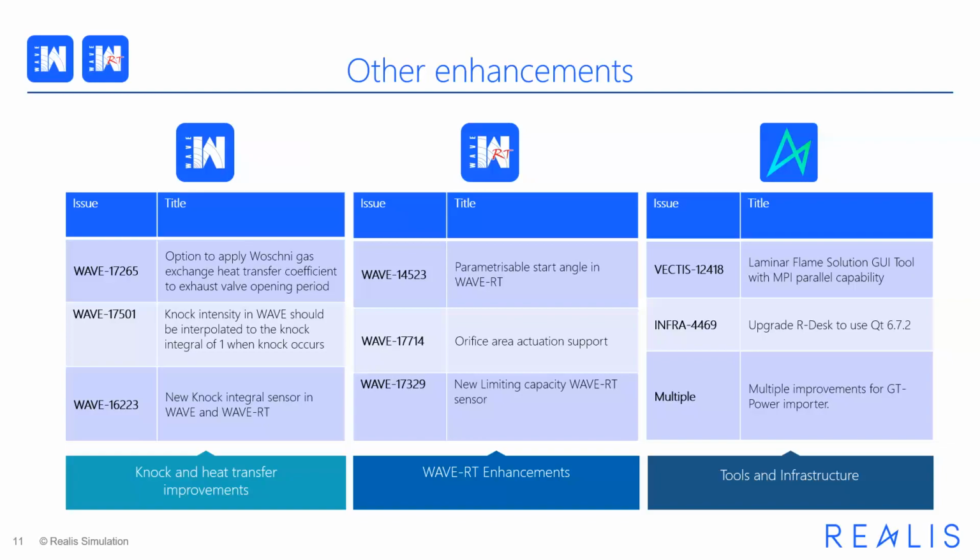Our Desk features an upgrade of the Qt framework, which brings in support for display scaling on Windows, as well as uniform look and feel between Linux and Windows platforms. Finally, there's a number of improvements in the GT-Power model importer, targeting users who extensively use submodels in GT-Power, which makes it easier for them to switch to WAVE.